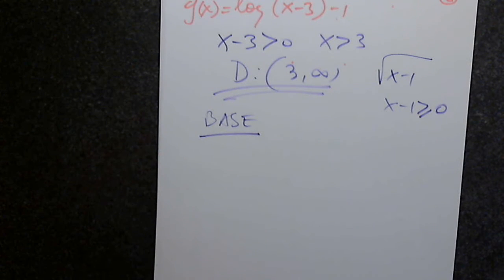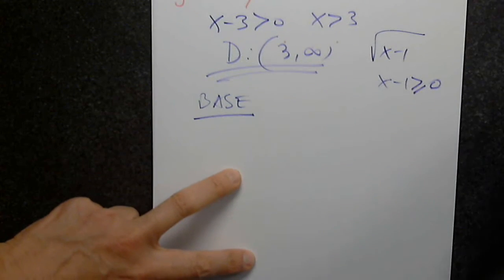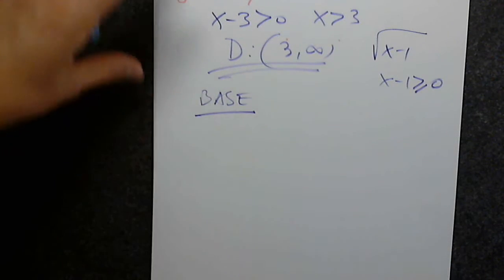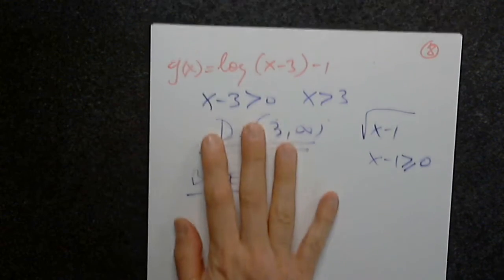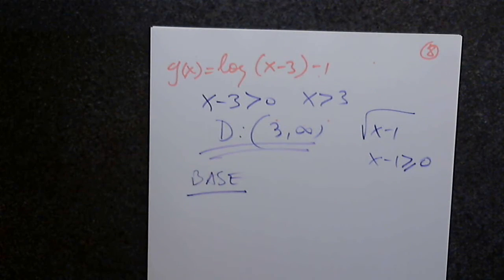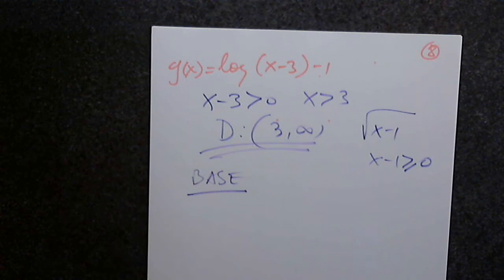And you will say the base function here is y equals log x. Look at this function and say, oh, this function was used to create this one. It's right there.